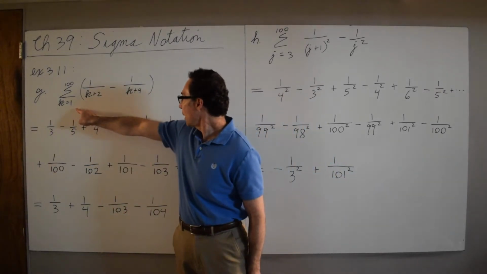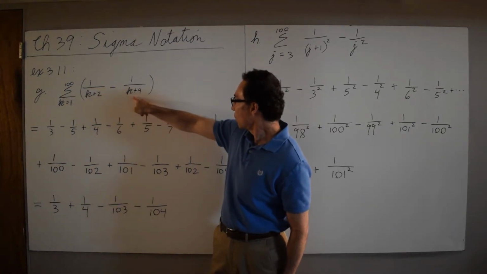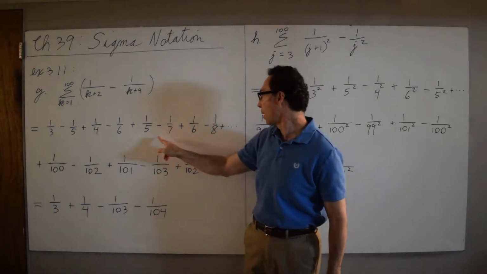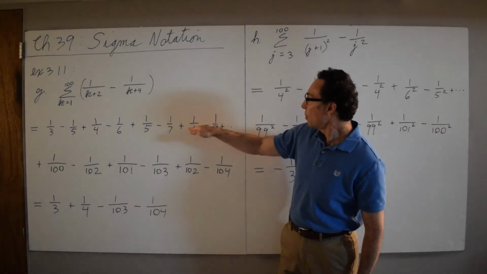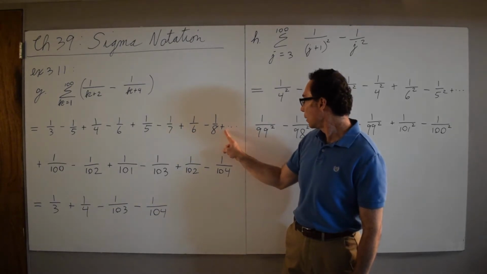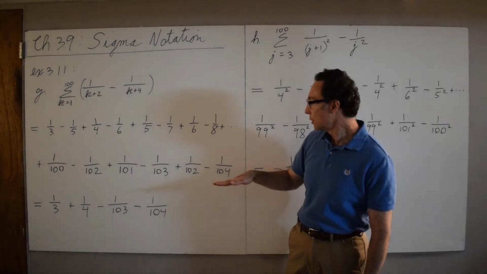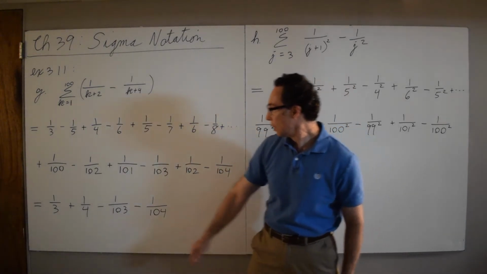So we start at k equal to 1, so we have 1/3 minus 1/5 plus 1/4 minus 1/6 plus 1/5 minus 1/7, etc., etc. And so we're going to sum this from 1 to 100. And so I don't write the middle terms, I just have the dot dot dot here.